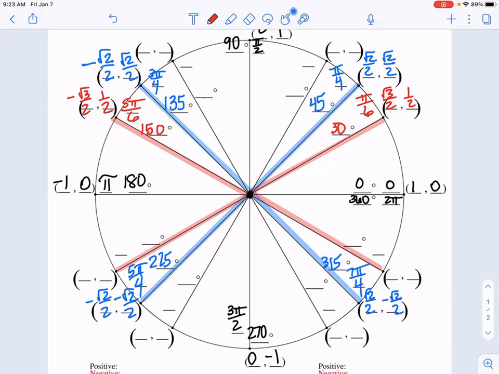Okay. 30 degrees past 180 would be 210 degrees. Pi over 6 past pi, 7 pi over 6. Now, I want you to listen to how I'm saying this.